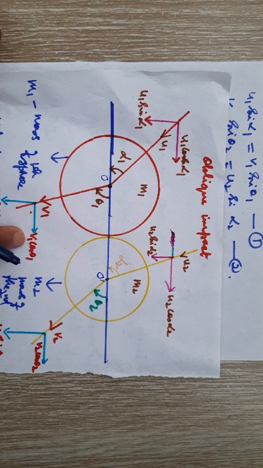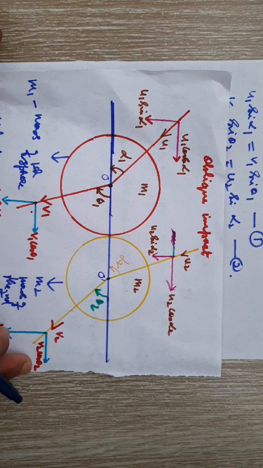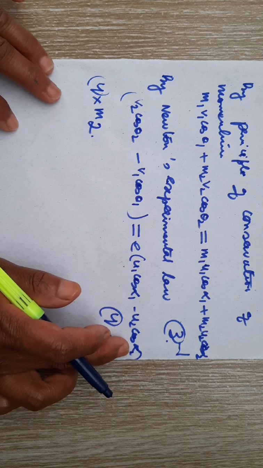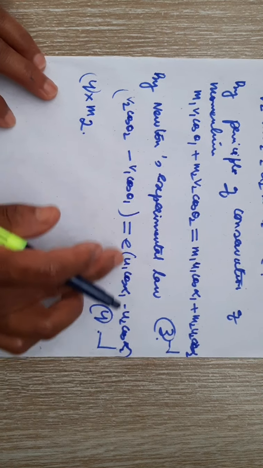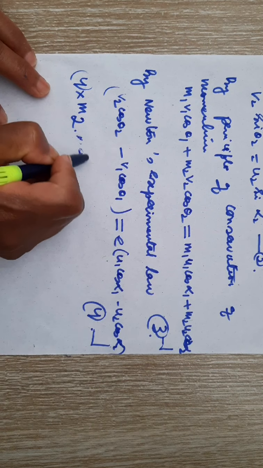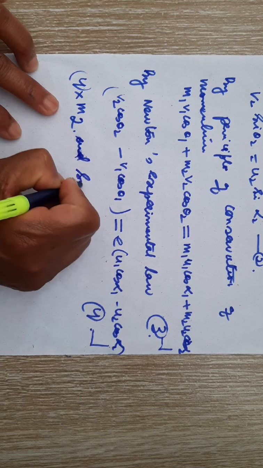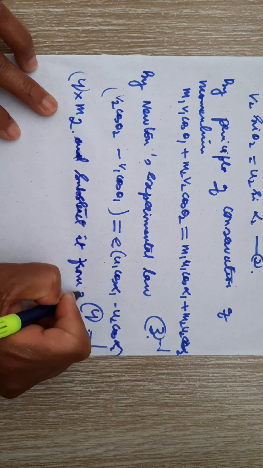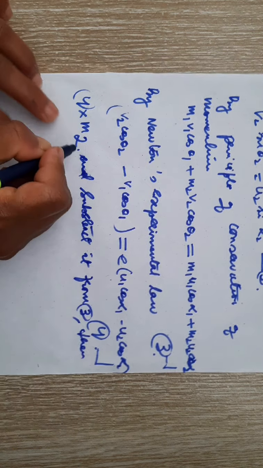So we need to find v1 cos theta 1 and v2 cos theta 2 in terms of u1 cos alpha 1 and u2 cos alpha 2. If you multiply equation 4 by m2 and subtract it from equation 3, then you will have this equation.